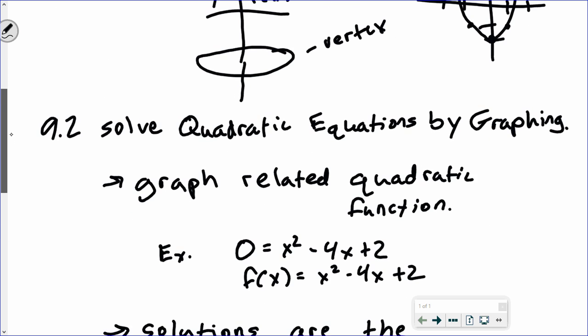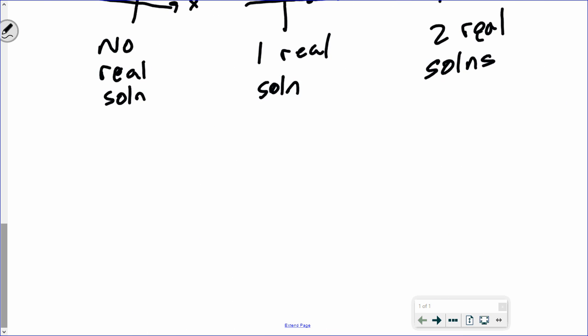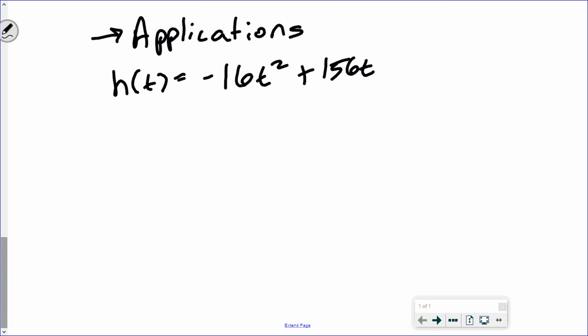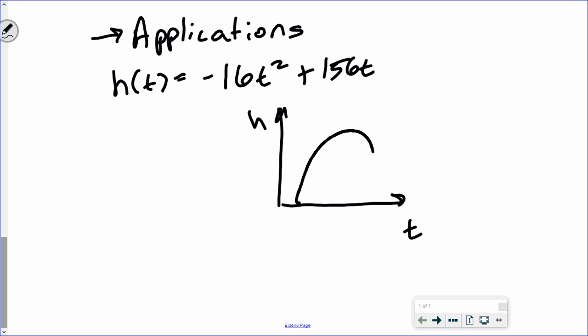We also did some applications as part 2. Somebody throws a ball in the air, and it's modeled by, let's say, h of t equals negative 16t squared plus 156t. This models the ball's height in relation to time, so we'd have a parabola. We'd ask different questions about it.